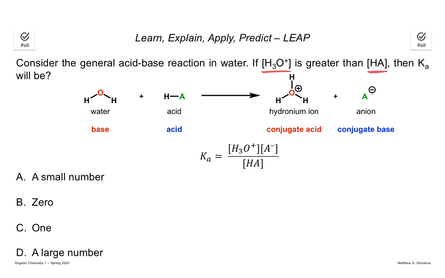And so in the Ka equation, if hydronium is very large relative to HA, overall, what is the size of the Ka number that would result? So D, a very large number. So for example, if hydronium is 1,000 and HA is 1, you get 1,000. So you get a large number.